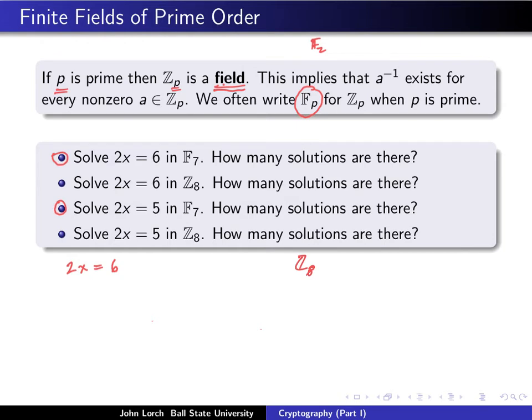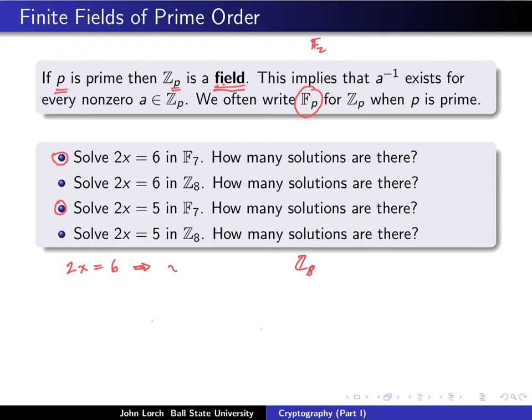So what can we do? Well, one thing we can do to try and find solutions of this equation is just plug in all the possible values. I mean, Z8 is a finite arithmetic, so we can plug in everything for x and see when we get 6 as a result.